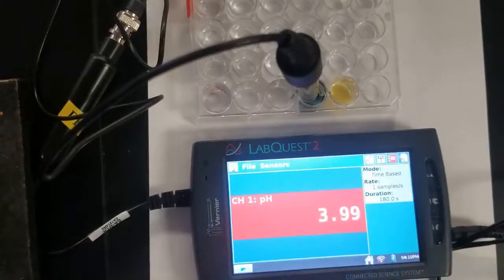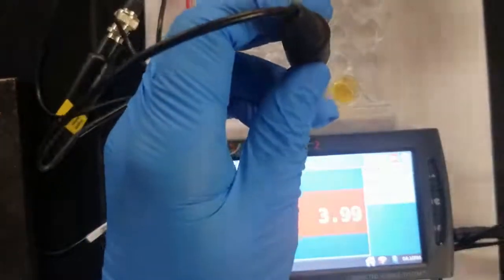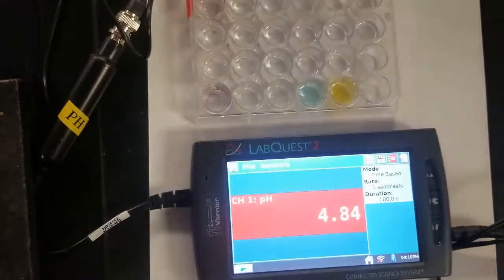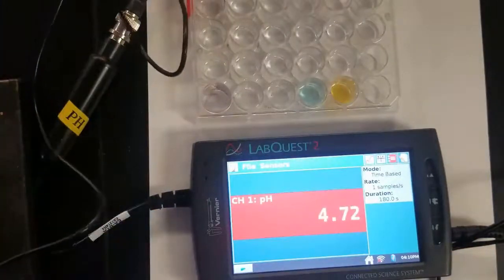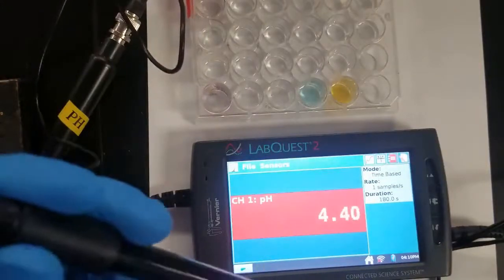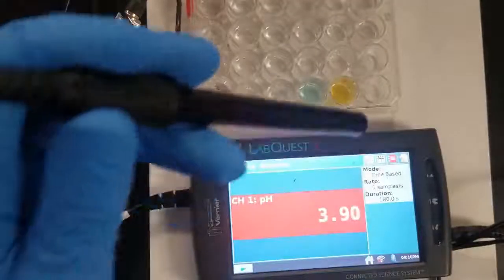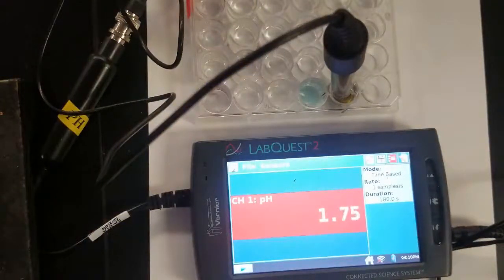And again, a pH well below 7. And then last but not least, we have iron(III) chloride. And you can see we have a pH of well below 7. So compare that to what you think should happen and see if you understand the concepts or not.